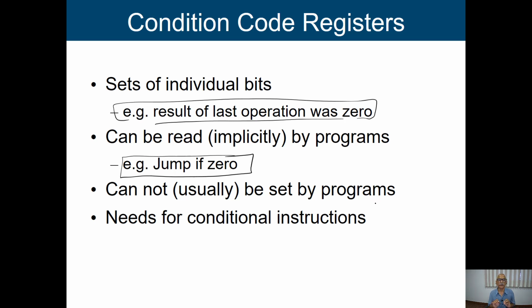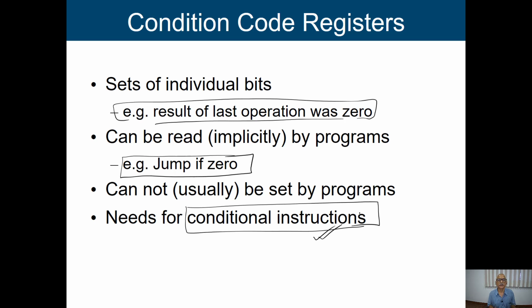When you write a program, you are not going to set them through your program; it depends on the computer operation. I will explain these things. This is needed for conditional instructions. We have some instructions which fall in this conditional category, so those flag bits will be used to design those conditional instructions.